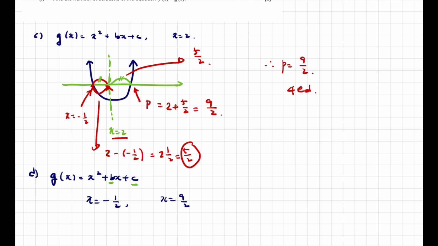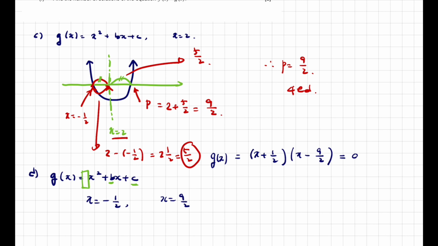Since the first term has the coefficient 1, we can just say that x plus 1 over 2 times x minus 9 over 2 is equal to g of x, because we find the roots by factoring the function equation.